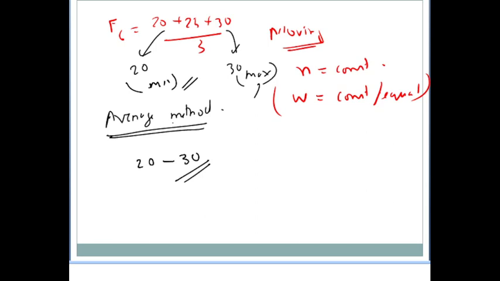Hence, what problem will we face if the actual sales are increasing like this? In an average method, when we forecast, we will never be able to catch up with the increasing or decreasing trends in demand, because we will never be able to forecast more than the maximum value that has been included here.